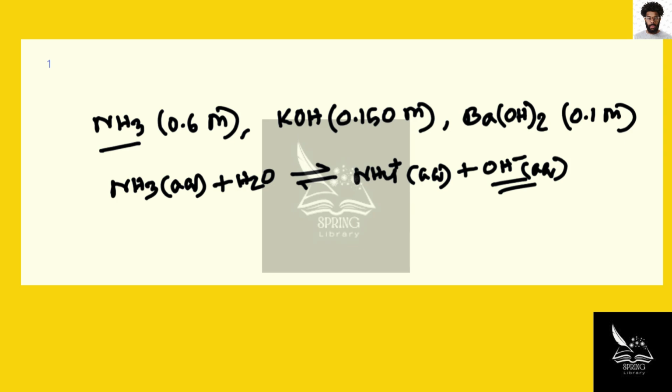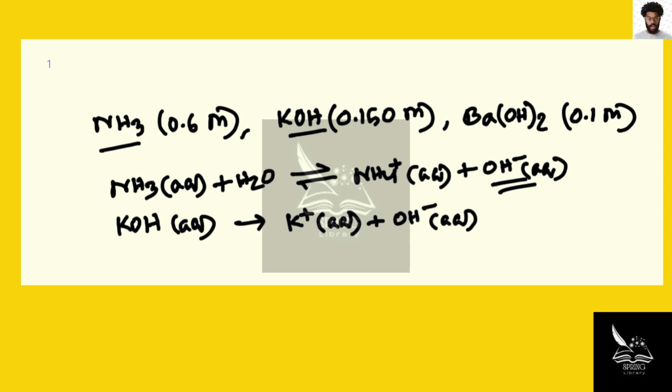Then if we go for the KOH, since it's a strong base, it will completely dissociate to give us potassium ion and hydroxide ion.